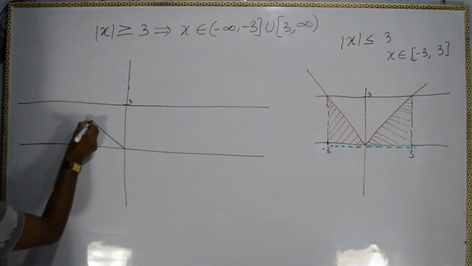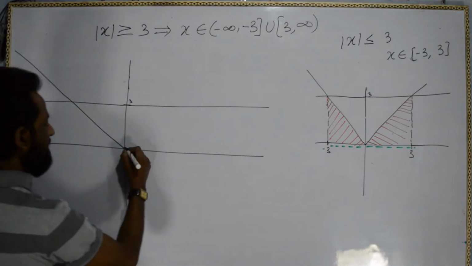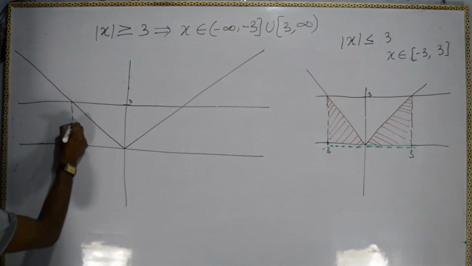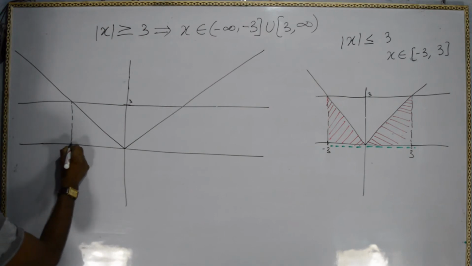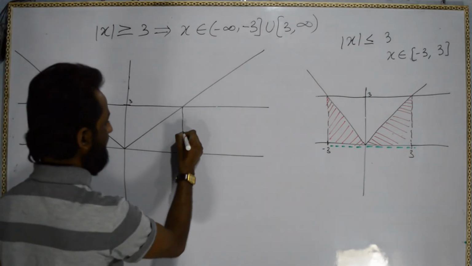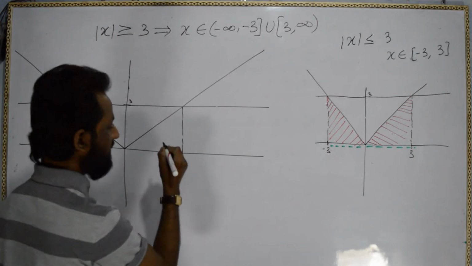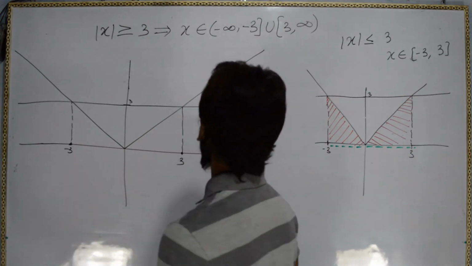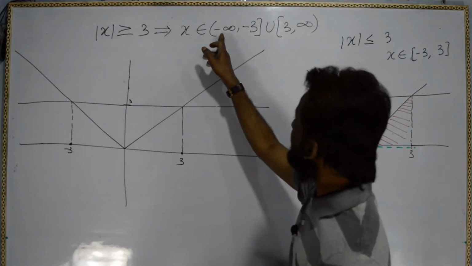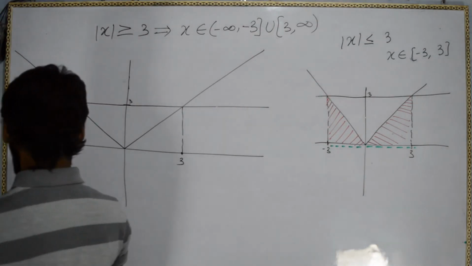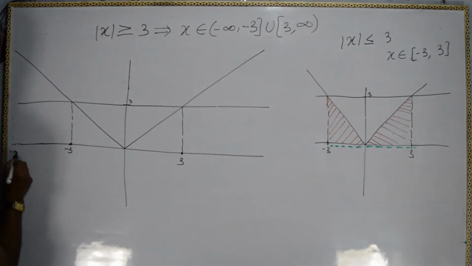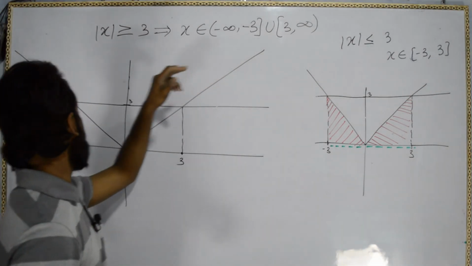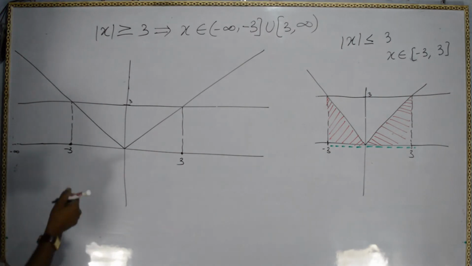Let me draw first. If I say this is minus 3 point on the x-axis and this is plus 3 point on the x-axis, what will be the values? Values are coming from minus infinity to minus 3. So minus infinity will be somewhere here, minus infinity to minus 3 up to here.